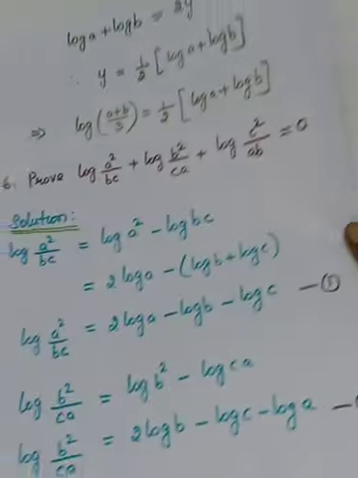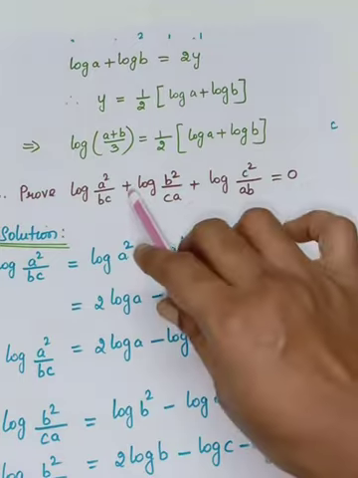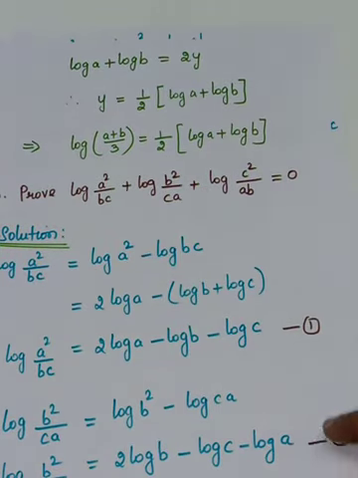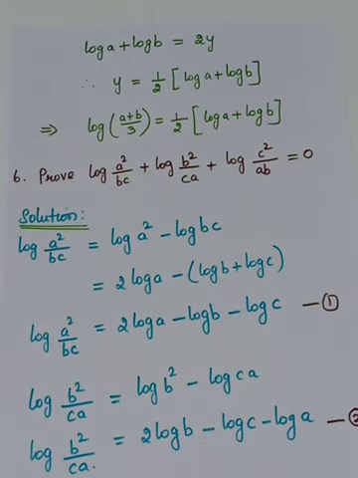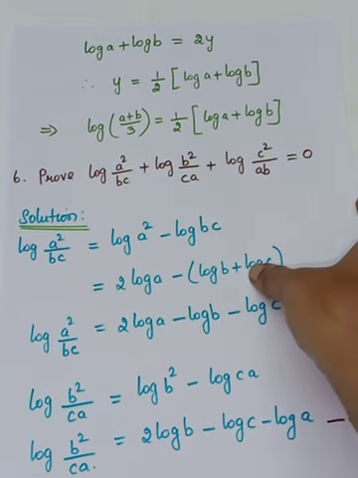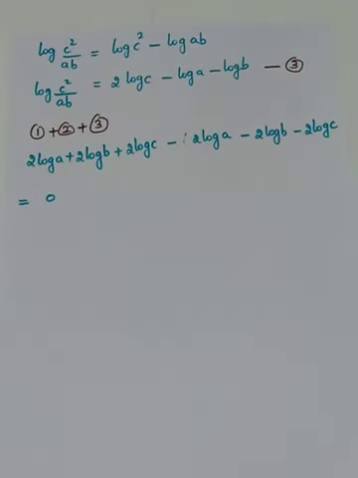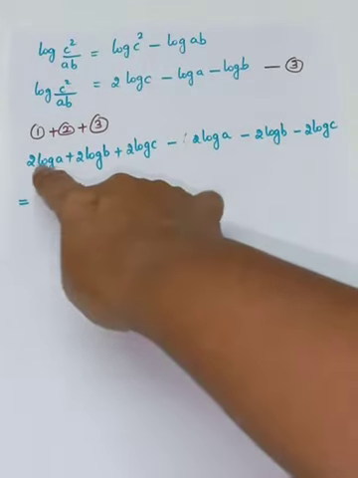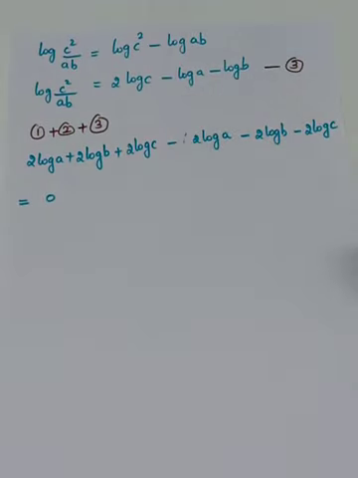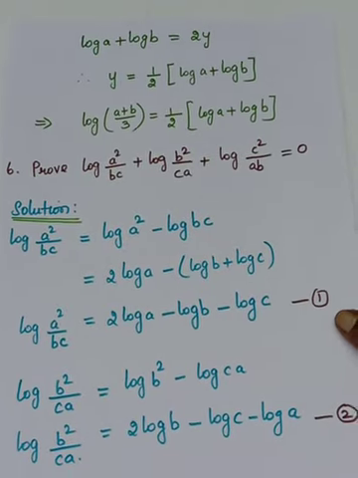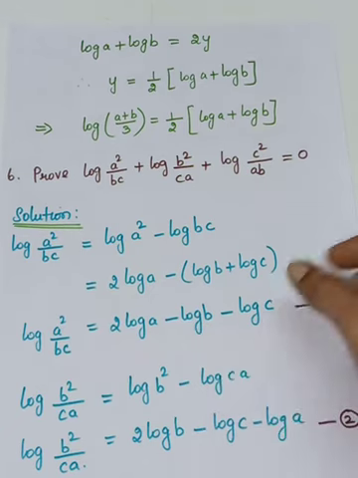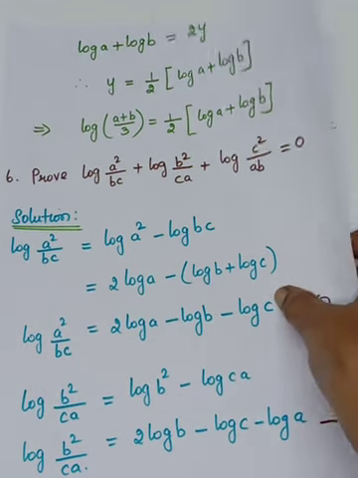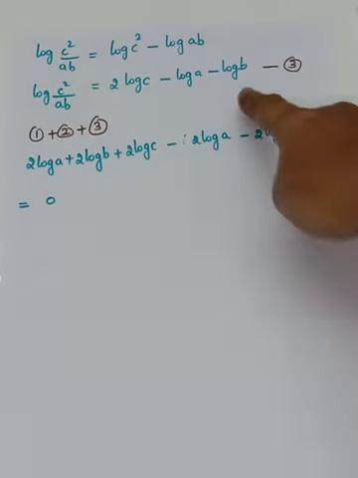Okay, the three terms, what you have to do? You have to add all the three terms. You see the first term of each one. It is 2 log a. Here you are having 2 log b. The third term you are having 2 log c. So I have added the first term of 3 results. Next, you see the next one. Remaining terms all are in minus. You see minus log b, and the third term also you are having minus log b.